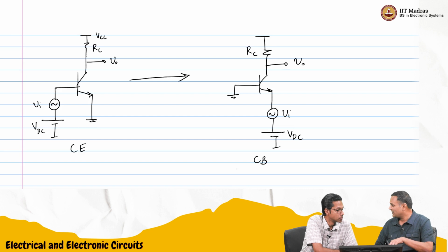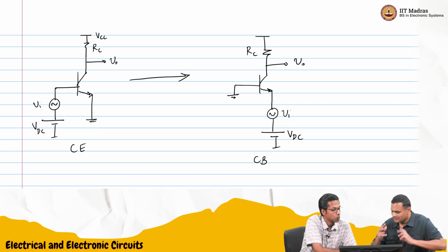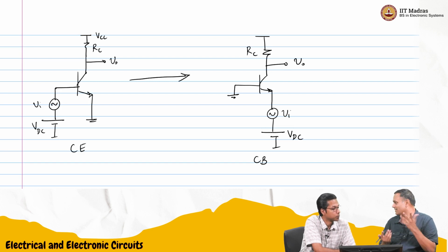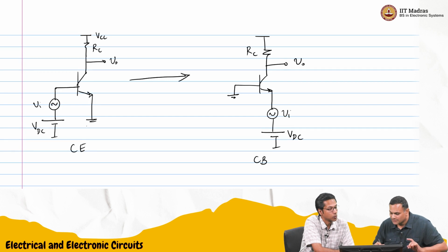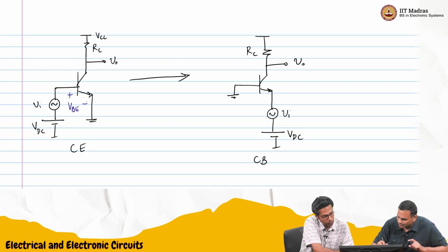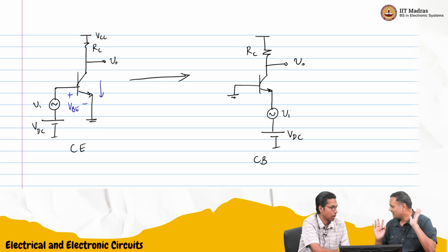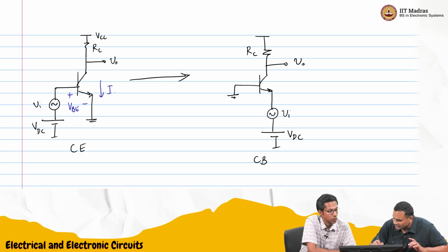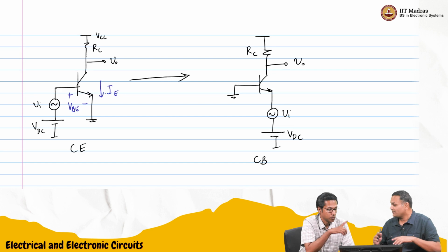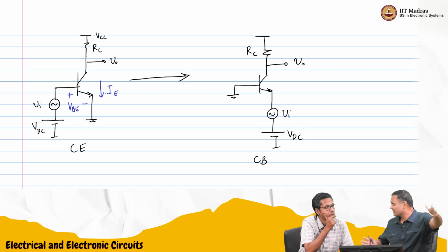We did the full analysis of the common emitter. Let me go through a high-level summary. We wrote the expression for VBE, which is VDC plus VI, and we said beta is very large. We wrote the expression for the collector or emitter current as the full exponential, and then expanded the exponential.